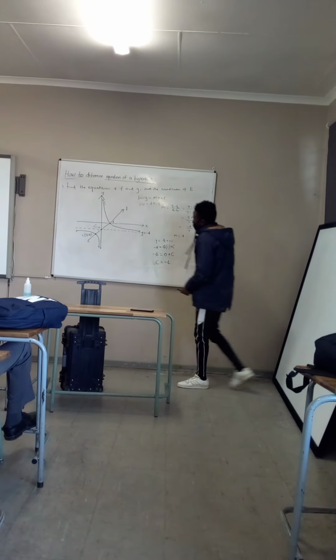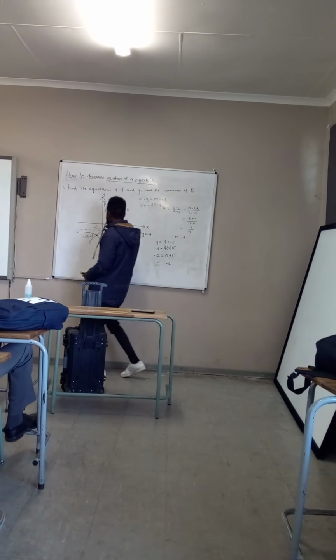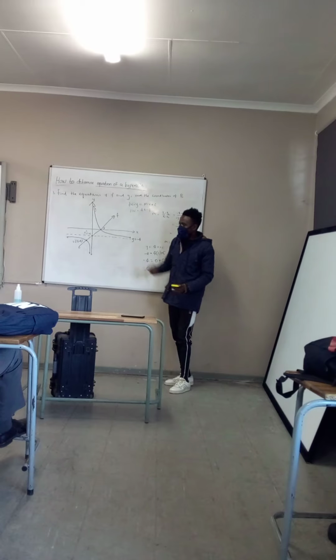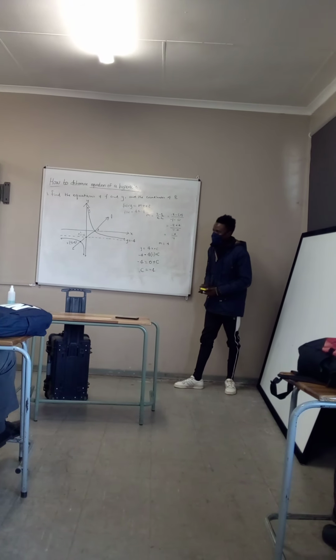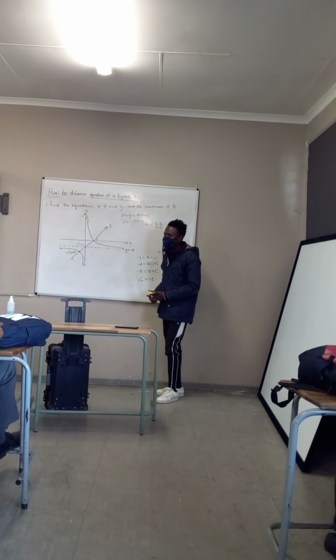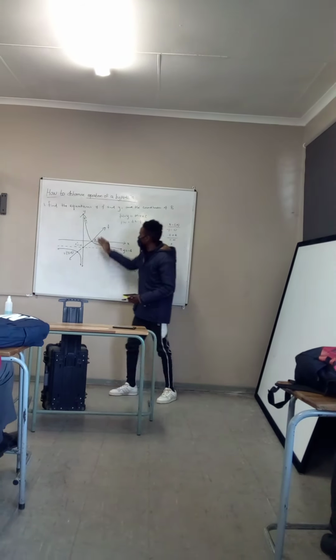According to my information, G is my hyperbola graph, and it has been drawn in the first and third quadrant. That means I will know that my value of A will be any number greater than 0. It's either the value of my A will be half, and half is greater than 0.